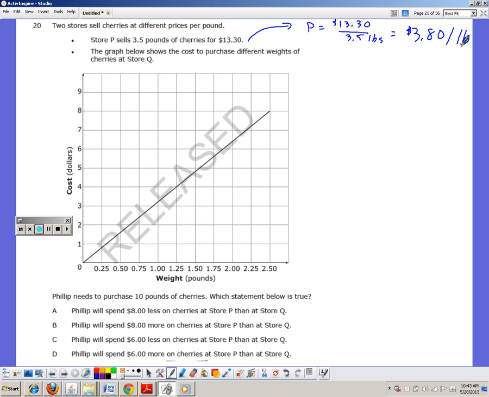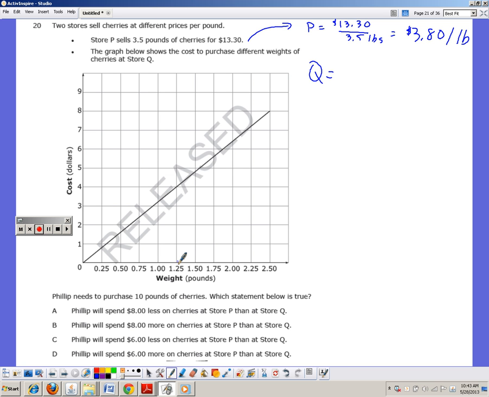Okay. Now, for store Q, all we've got to do is look at the weight at 1. The weight at 1 is here. Now, that's kind of hard to tell where the point is, so we need to find a point that we can work with.